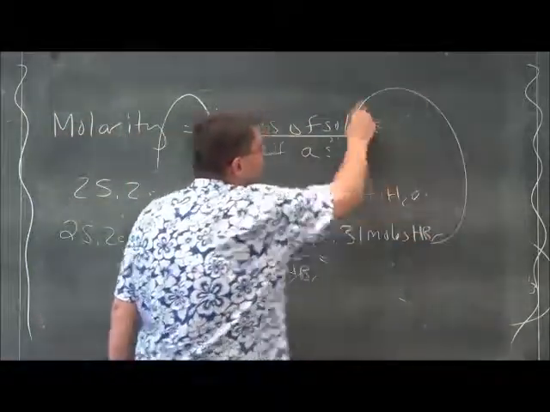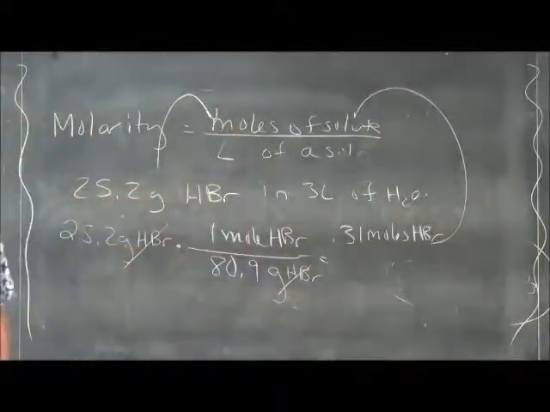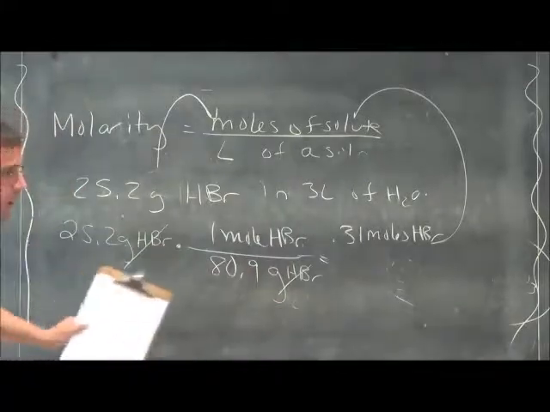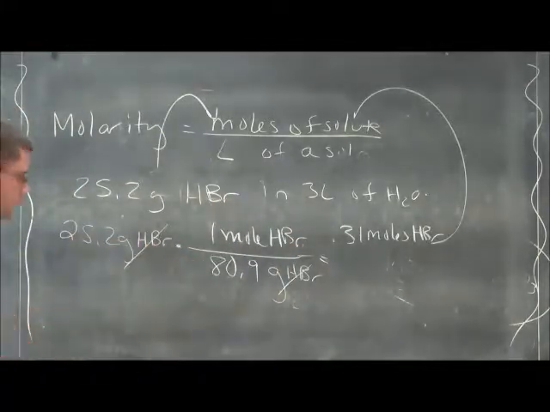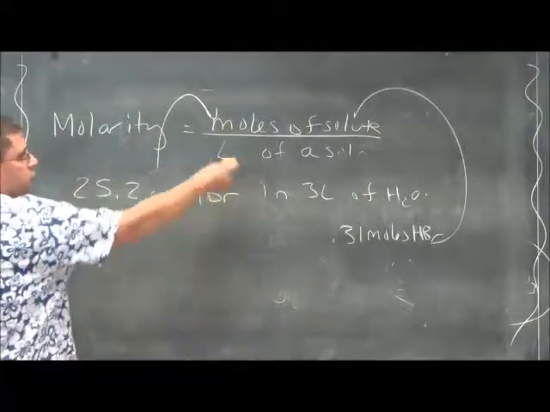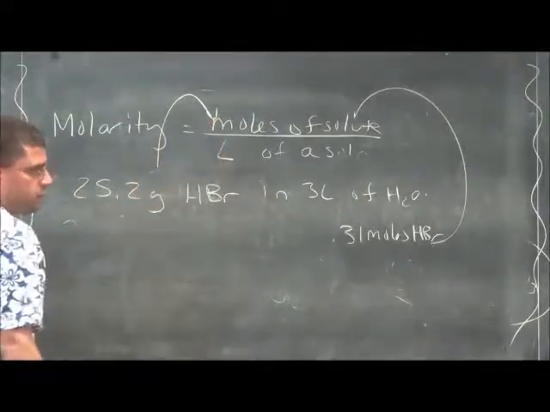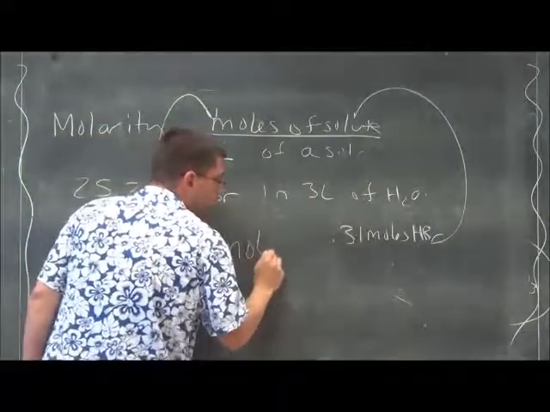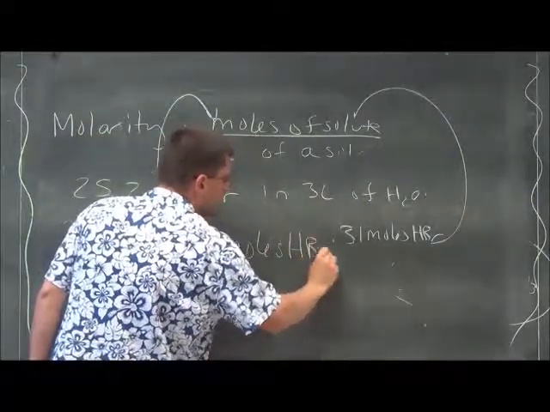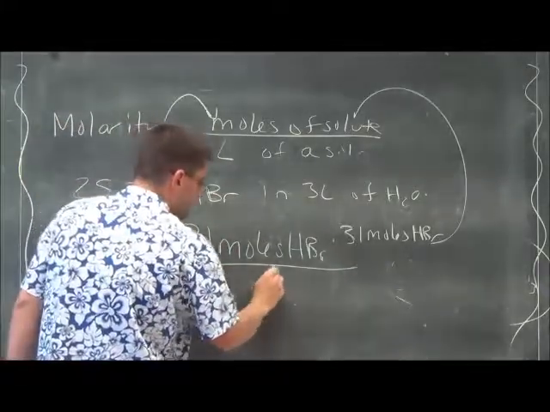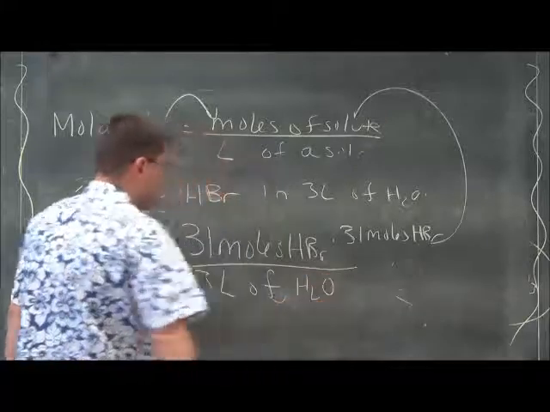Now we can find molarity. We have moles, so you have to do this extra step to get there. I'm going to erase this part, and now we're going to find molarity. Here's our formula, moles of solute per liters of solution. So you take 0.31 moles HBr divided by 3 liters of solution, 3 liters of H2O.